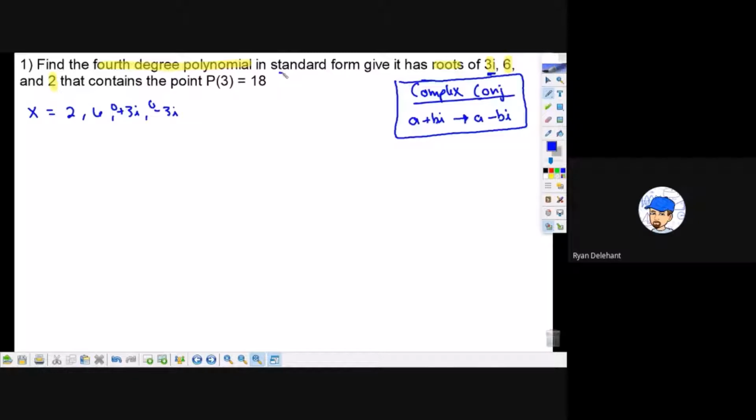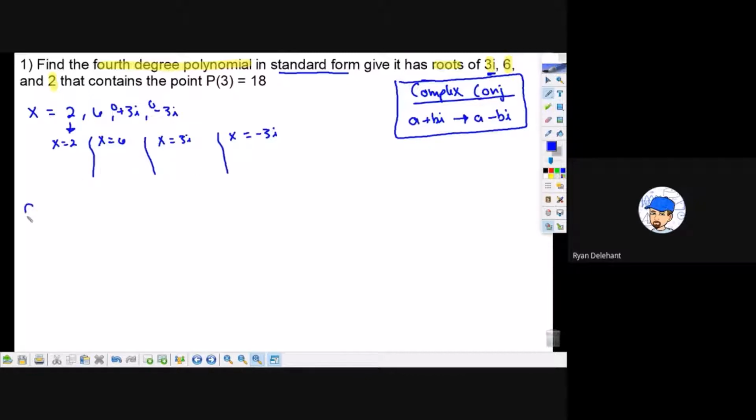Now I want to put this in standard form. So to put this in standard form, I take each one of my roots and I solve it for 0. I put 0 out here on the right side.